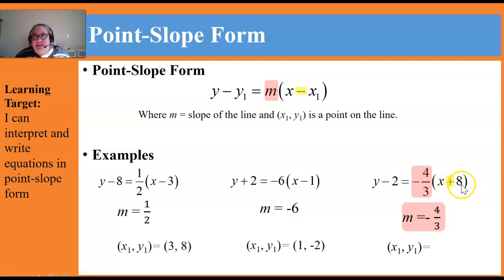So that means that my x1 is not going to be 8. The x1 needs to be the opposite of 8, which is -8. Then for my y1, we're expecting subtraction. I have subtraction. So my y1 will just be 2. So this is how we would interpret point-slope form.